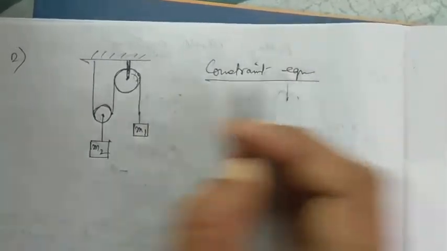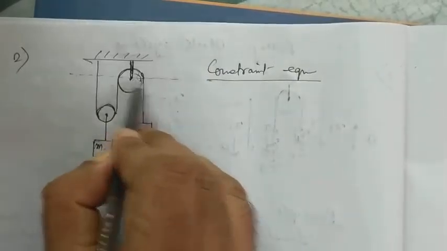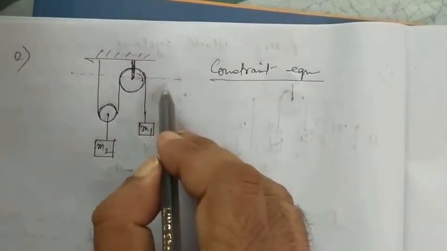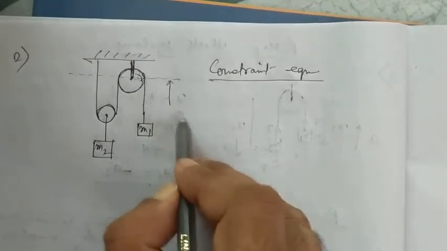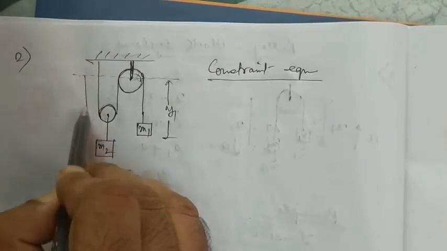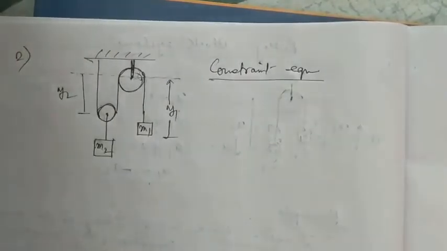Before writing the constraint equation, we find the distance of the block and pulleys from the fixed pulley. Suppose this distance is y1 and the distance up to the movable pulley from the fixed pulley is y2.